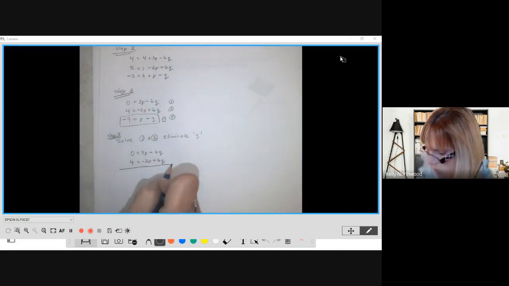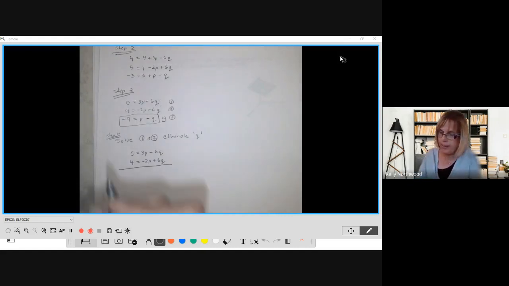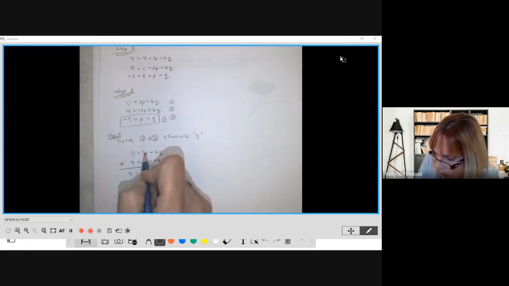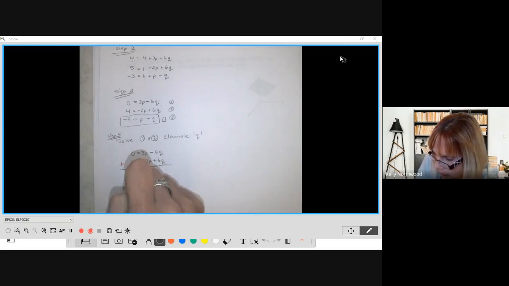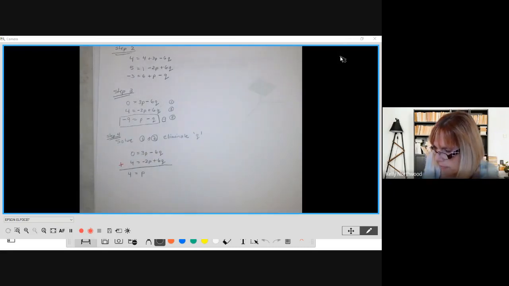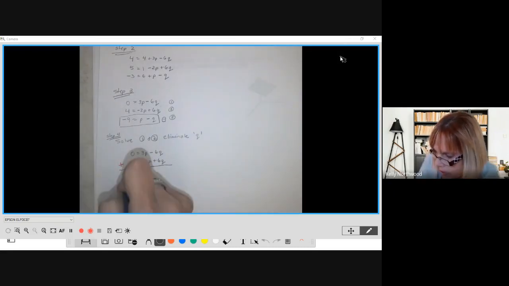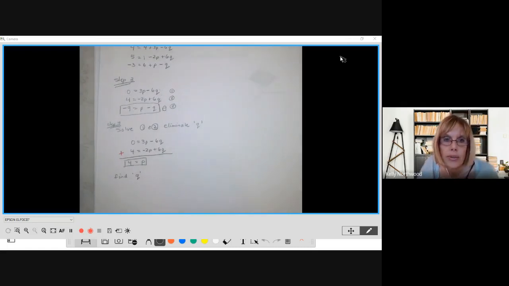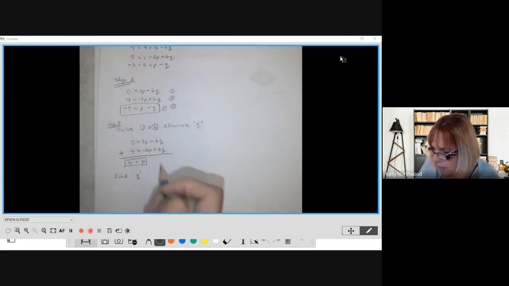So in this case, in order to eliminate Q, we're going to add. So we would get 4 equals P. The Q's would cancel, so that's nice and easy. So now we're going to find Q. I'm going to choose the one with 0 in it, I think.